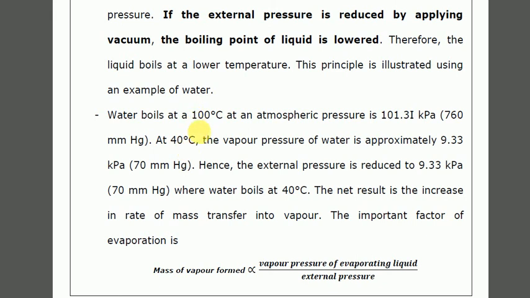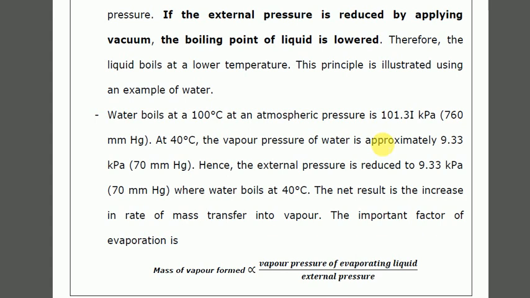So if this is getting reduced, ultimately vapor pressure will also get reduced from this to this. See, from 101.31 it got reduced to 9.33 kilopascal. So ultimately, if this vapor pressure is reduced, this will be the same as that of the atmospheric pressure. Vapor pressure equal to atmospheric pressure will boil the liquid.